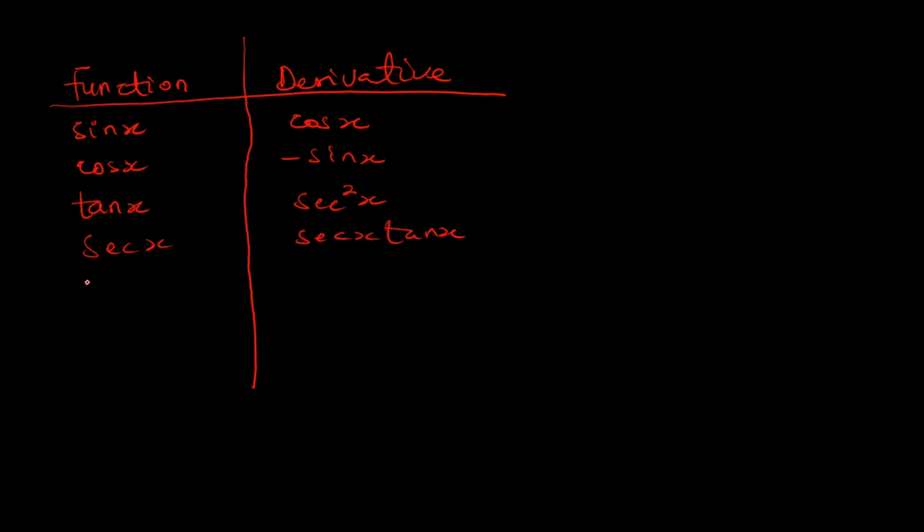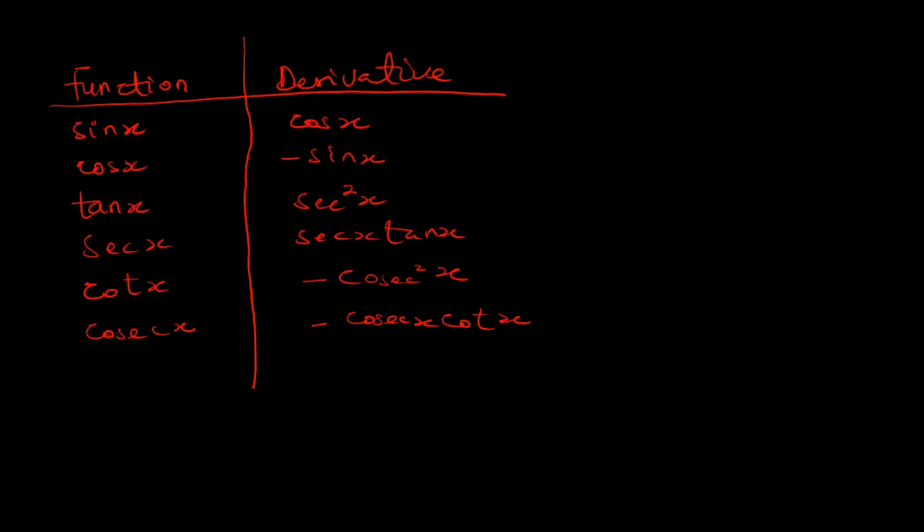The derivative of cot x, that's cotangent of x, is negative cosec squared x. And the derivative of cosec x is negative cosec x cotangent x. So that is the derivative of the basic trigonometric functions.